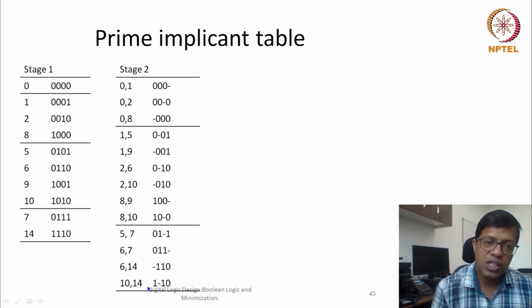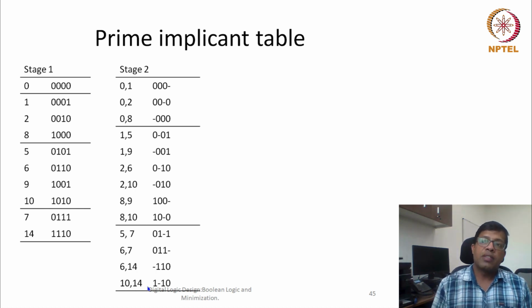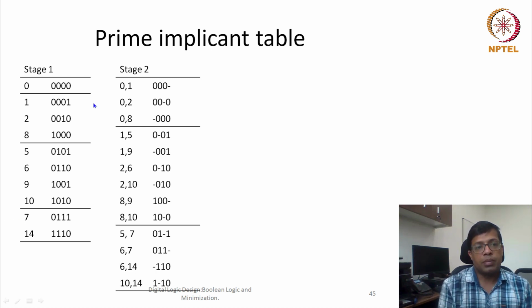So this gives us another hint while doing comparison among these groups: if the difference of the mean terms, the lower mean term and the higher mean term, so basically smaller in value and larger in value, if the difference is a power of 2, then that means they can be combined.